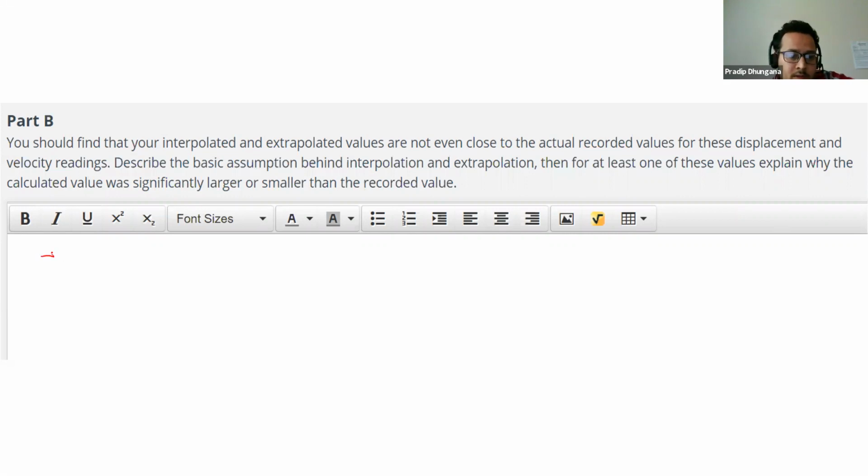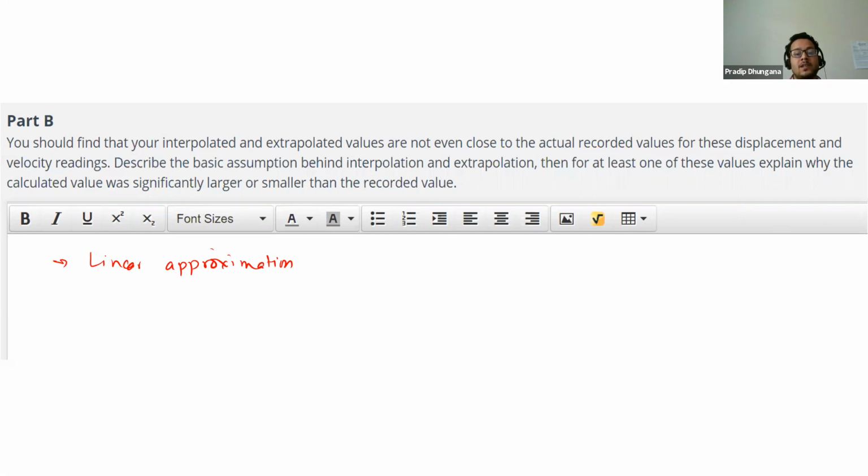We use linear approximation. But the displacement versus time graph as well as velocity versus time graph, they are not linear. Okay, they are not linear.